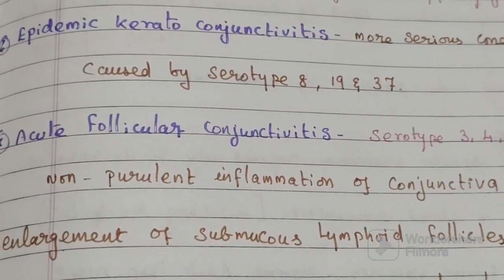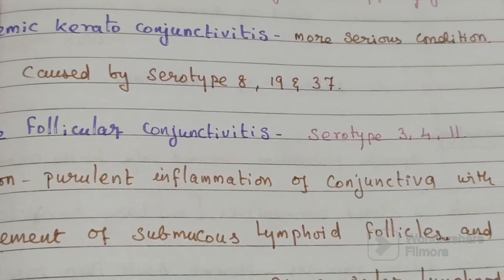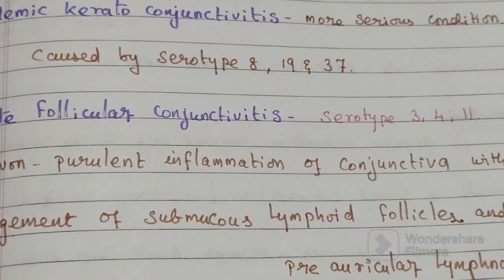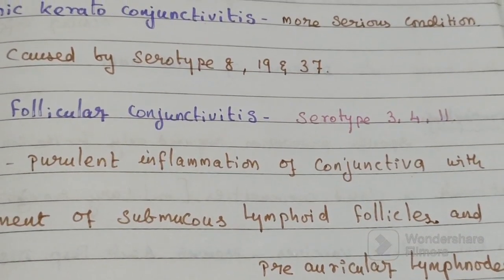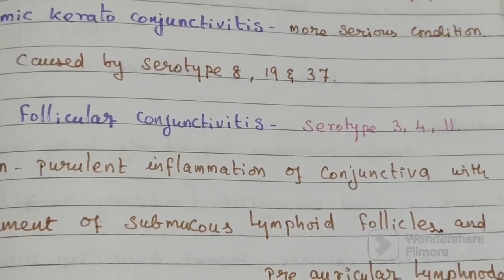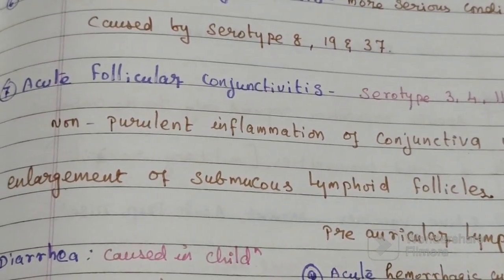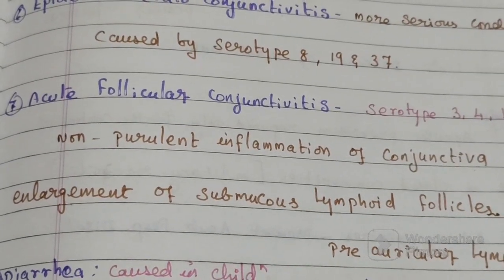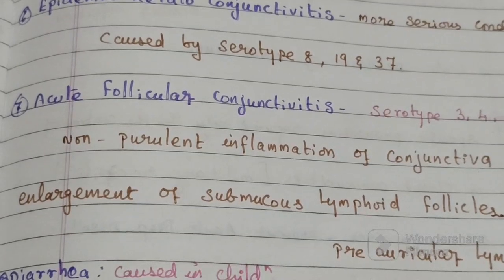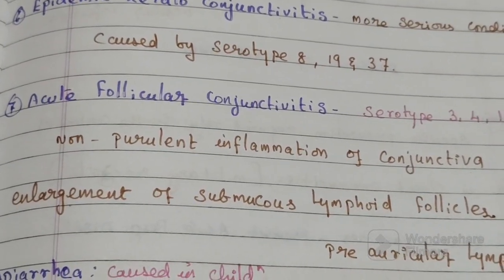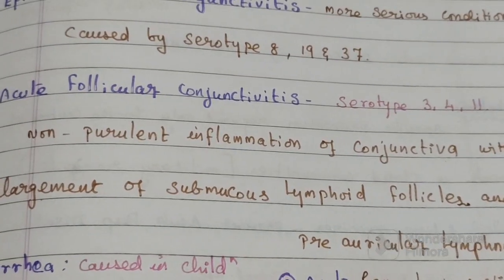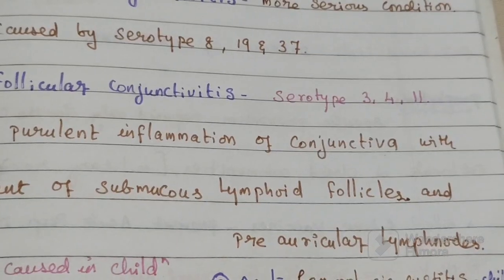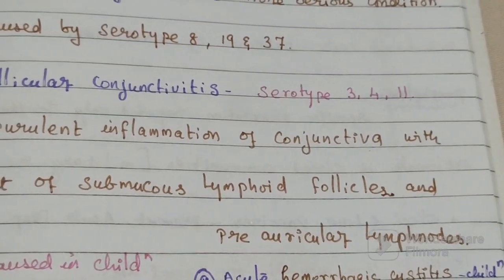This is a non-purulent inflammation of the conjunctiva with enlargement of submucosal lymphoid follicles and preauricular lymph nodes.